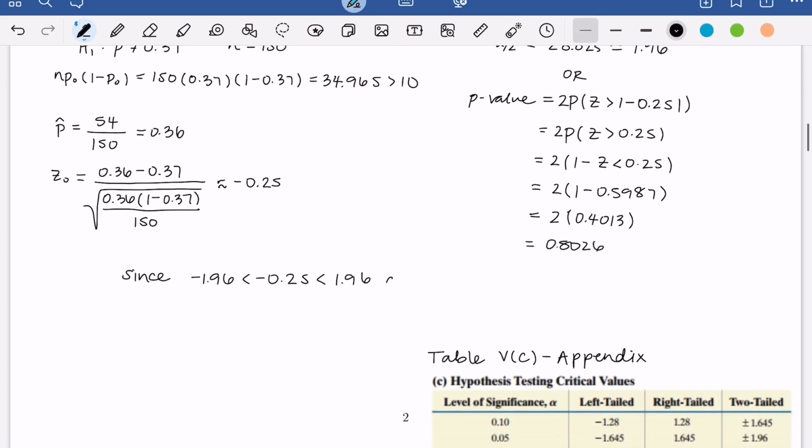So since we have this and our p-value is greater than our level of significance, do not reject the null hypothesis. All right, so this means there's not going to be sufficient evidence to conclude that the proportion of these pet owners that talk to their pets on the phone is different from the 37%.